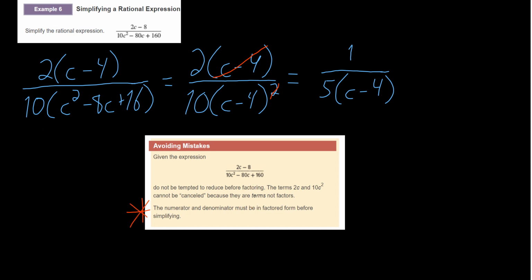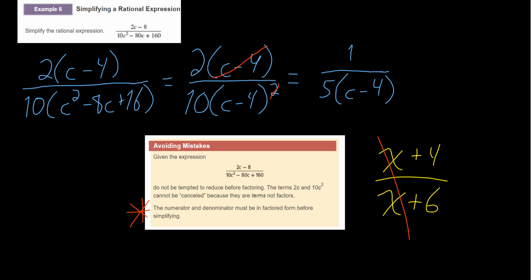Many times I will have students do something like x plus 4 over x plus 6. I don't like negative signs either. They'd be like, boom, we're done, 4 over 6, 2/3. And that's not the case, because these are terms. They are separated by addition and subtraction. They are not multiplied by one another.